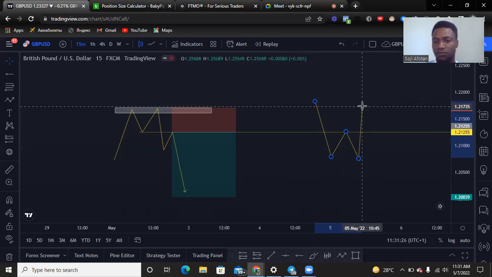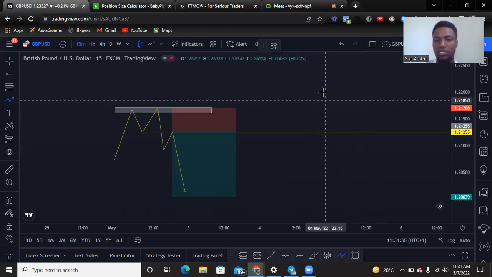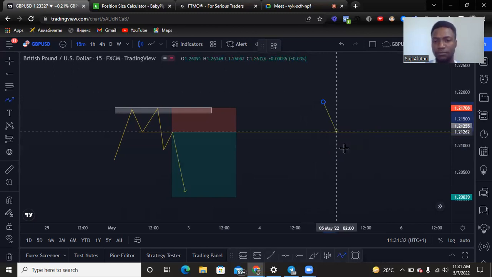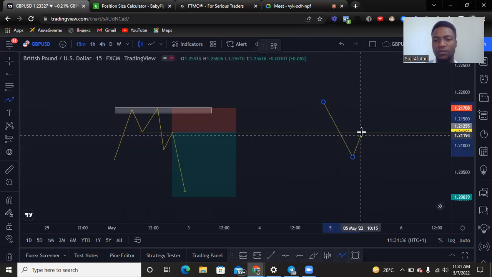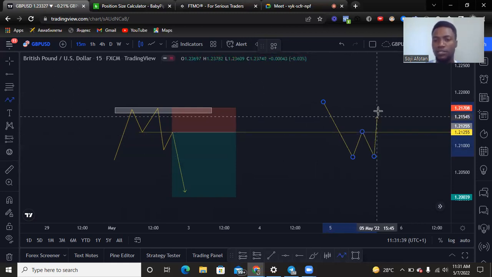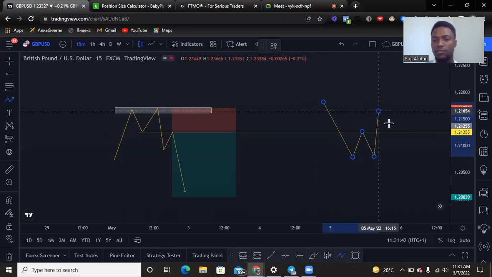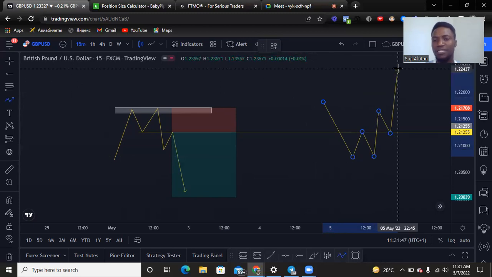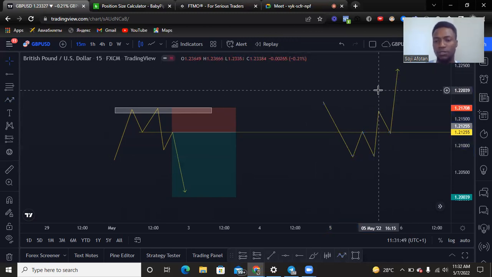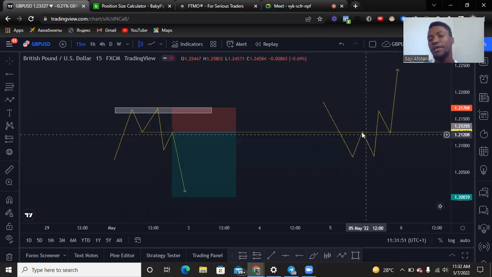Let me wipe that off. So let's say we have something like this, and then a retest before it starts pushing up. It's when this particular neckline is broken and it comes for a retest.